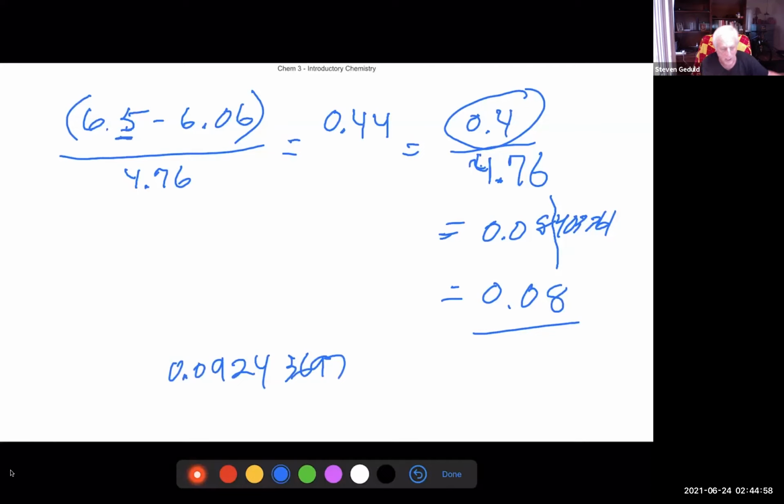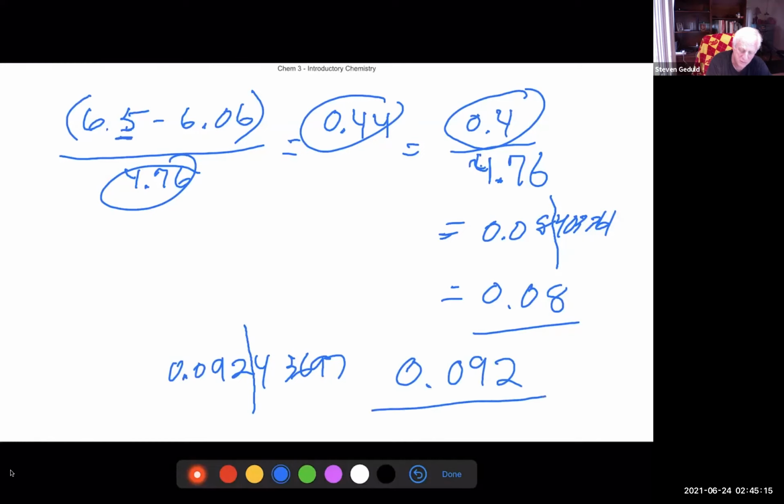So at two significant digits, if I round it, this is 3, this would be 2. The answer would be 0.092 if they did it that way. Well, they rounded it off at the end. But I would accept either way of doing it. That's how I would do it to keep track of my significant digits. When you mix multiplication and division and adding and subtracting, there's different ways to do it.